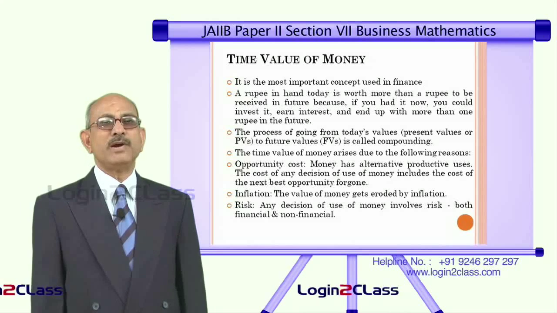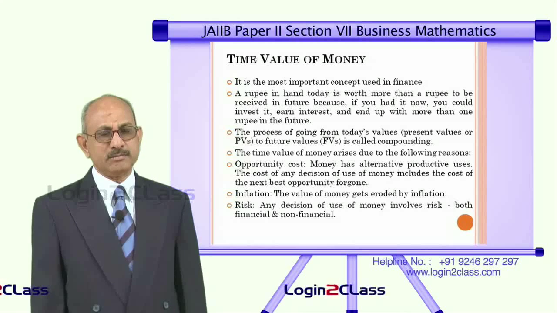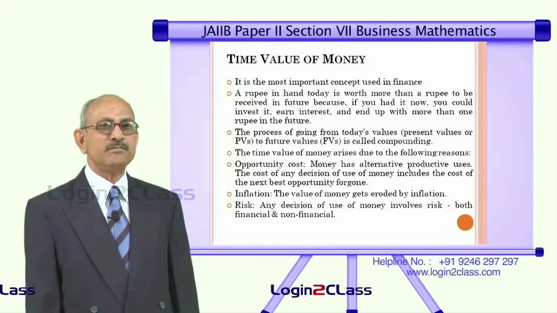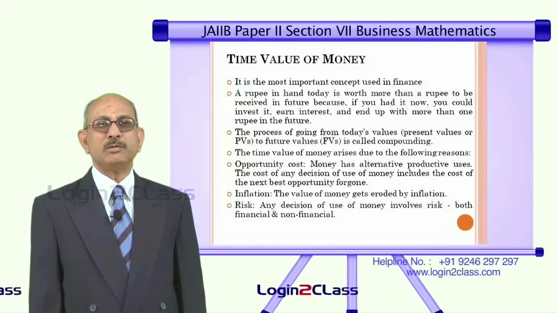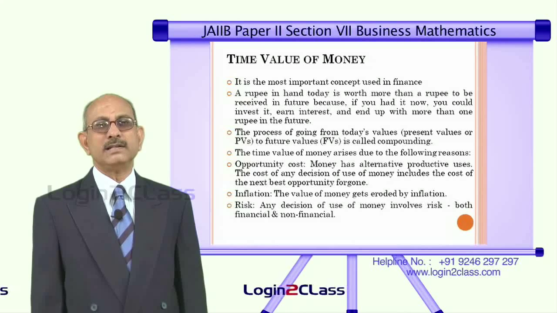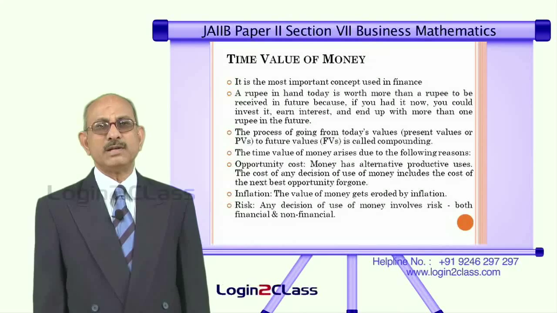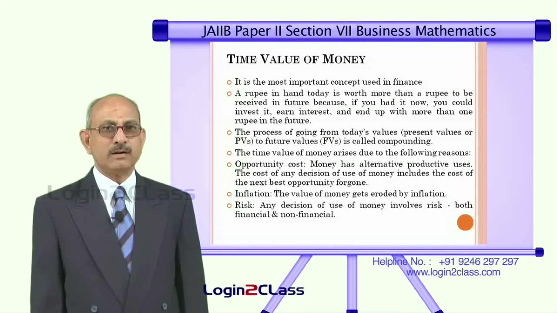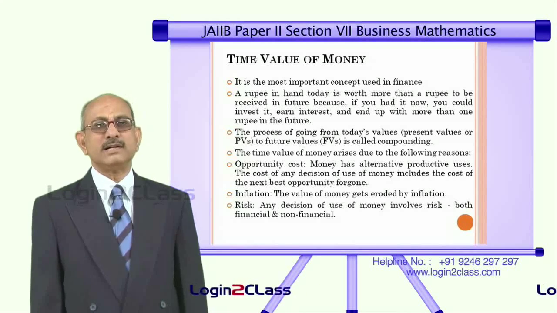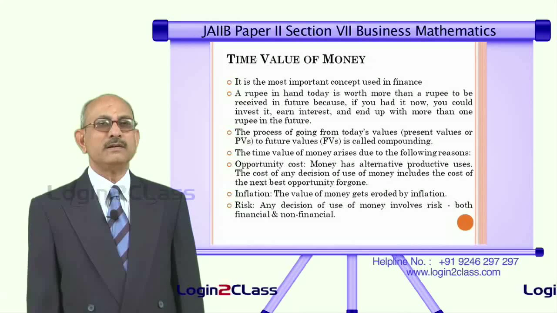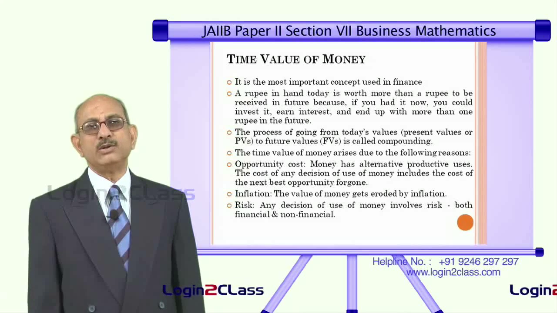So, in order to add them or subtract them, you need to convert them into the same units. That means they have to be brought to a particular value. Either you bring the value of 100 rupees which you are receiving after 1 year to today's value, or take today's 100 rupees which you have to the value after 1 year, and then you can add.